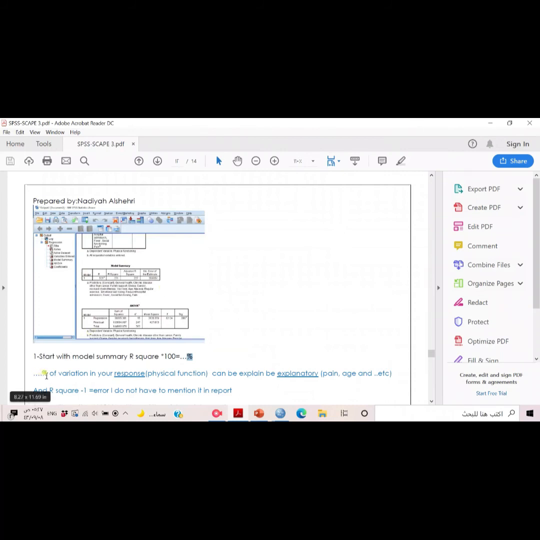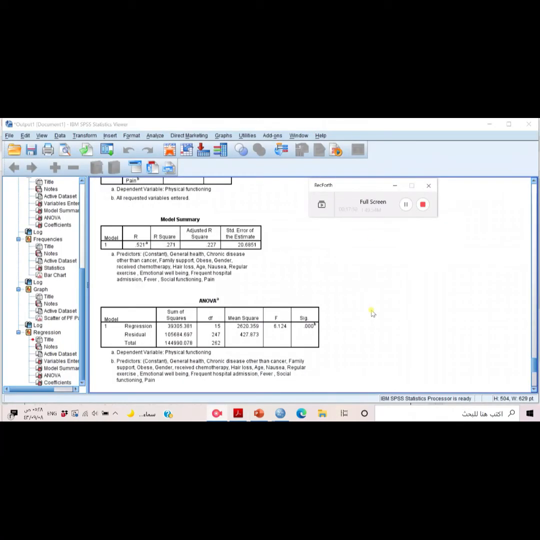I can report this in the result part: how much percent of variation in my response can be explained by the predictors.